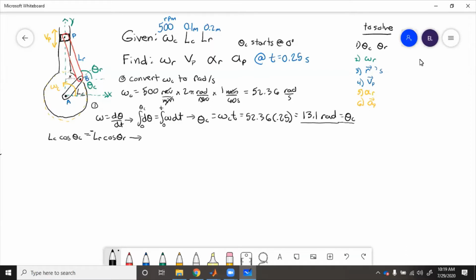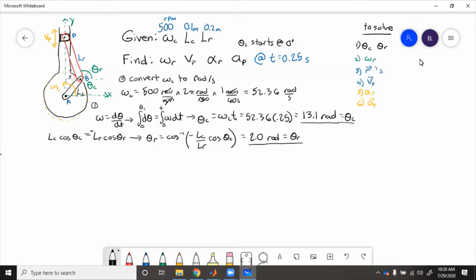So then we can solve out here for theta R. Theta R equals cosine inverse of negative LC over LR cosine theta C. So if we put numbers into that, that equals 2.0 radians, equals theta R. So we finished step one.